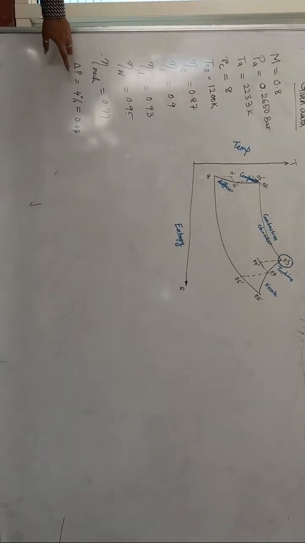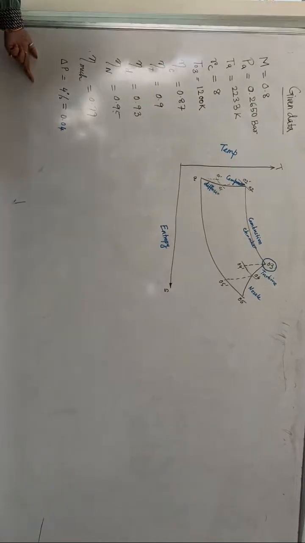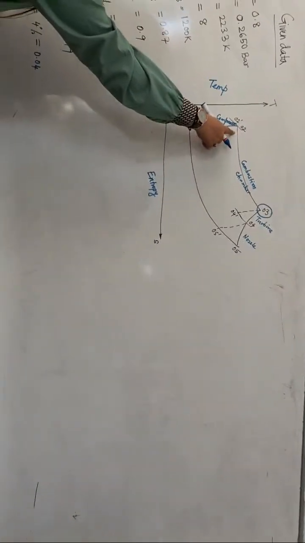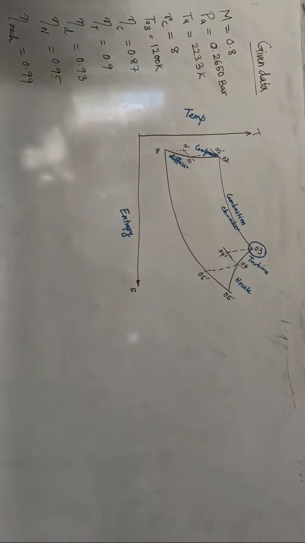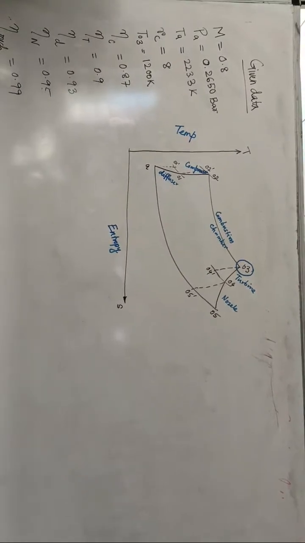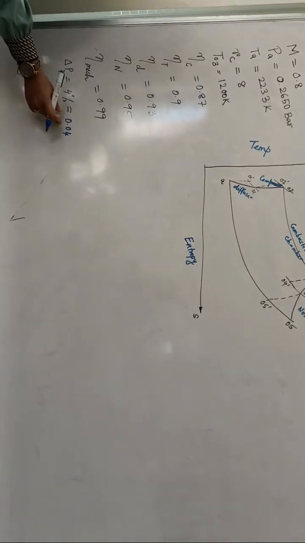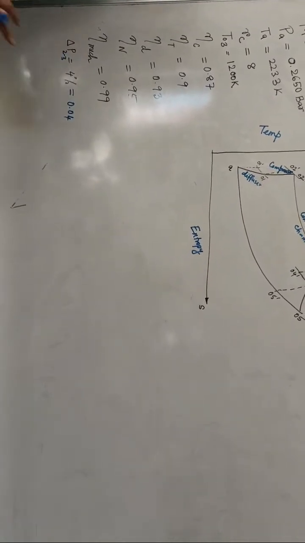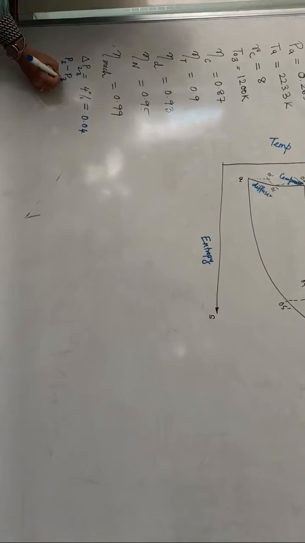Now, here they have given the pressure loss occurring in the combustion chamber. From where is the pressure loss occurring? From 2 to 3. So that means the change in pressure between 2 to 3 is 0.04. Which one is higher? P2 is higher, P3 is smaller.